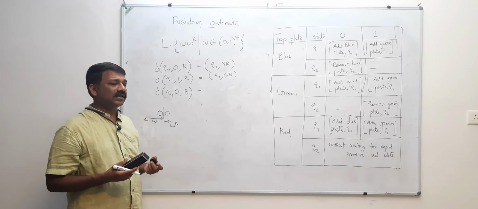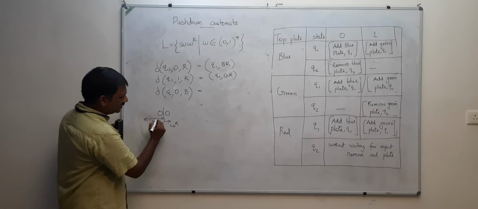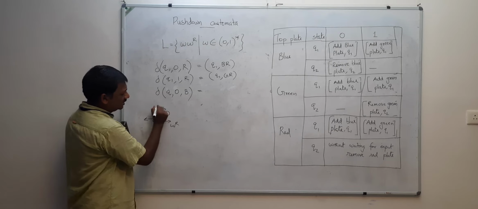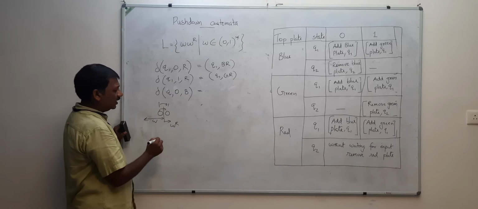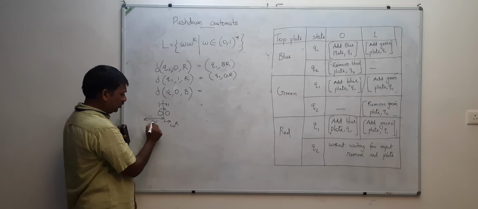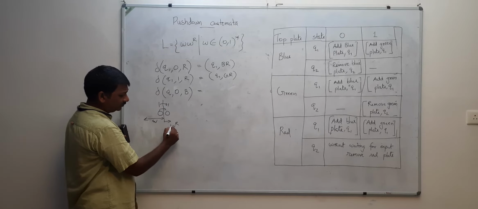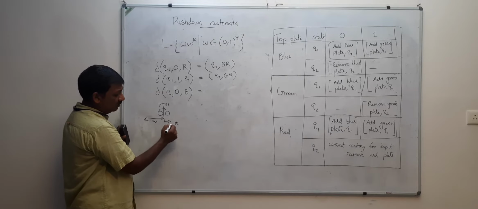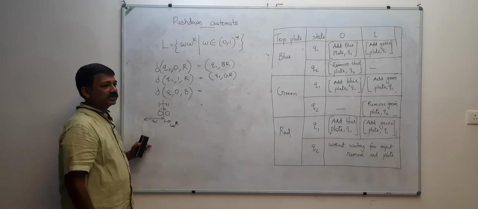In the sense, that means if there is a 0 to 0 transition or 1 to 1 transition, what will happen? The finite control is expecting the end of W here and the starting of the reversed W from that point onwards.